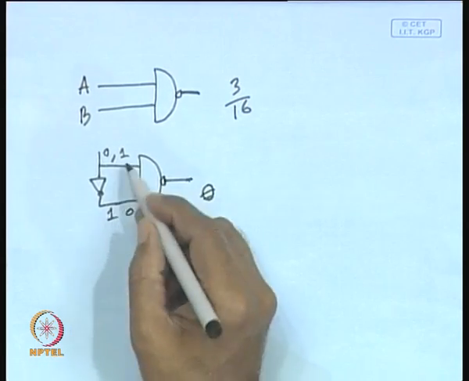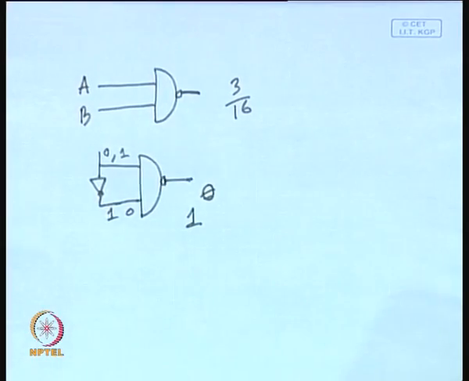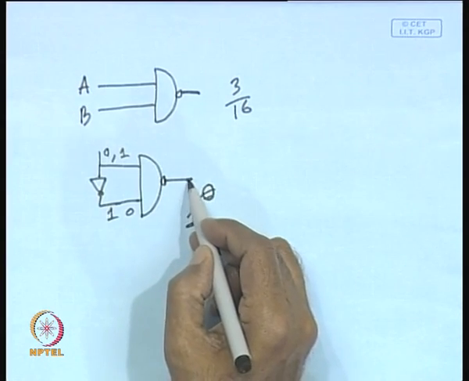So, whenever there are convergent inputs, and the convergent outputs are taken together, the switching activity can increase, and in this particular case we have seen it has decreased, that means it has become 0.